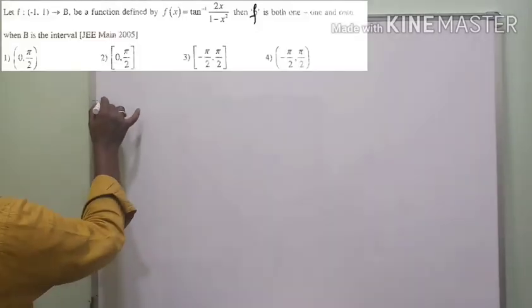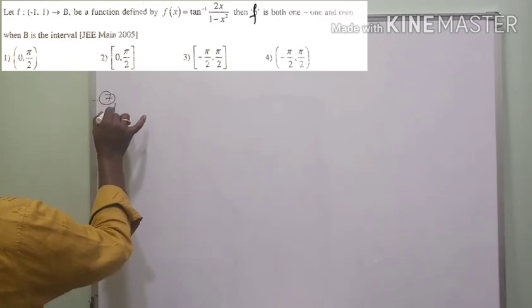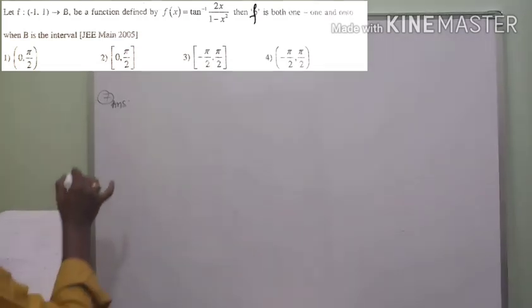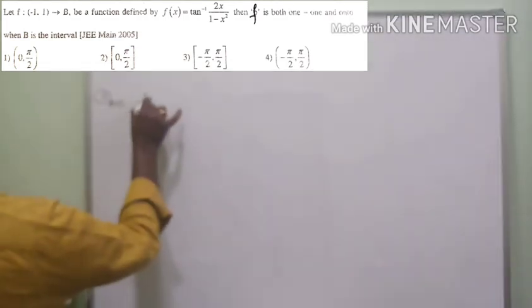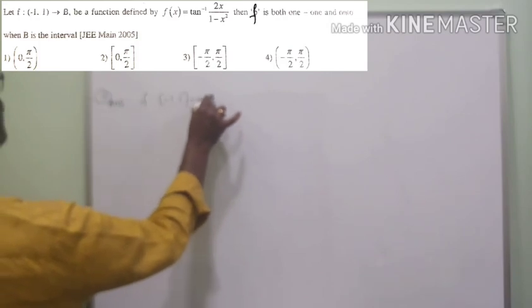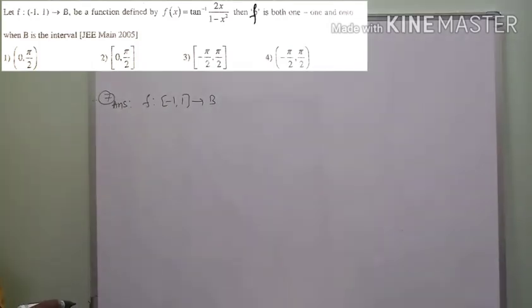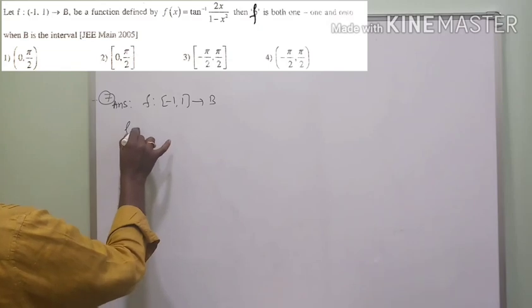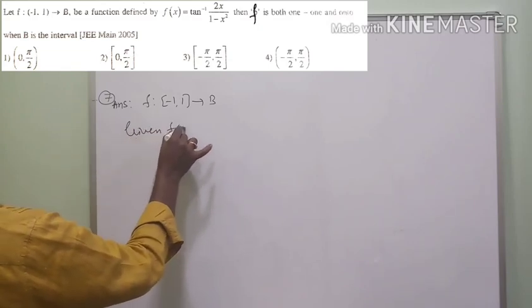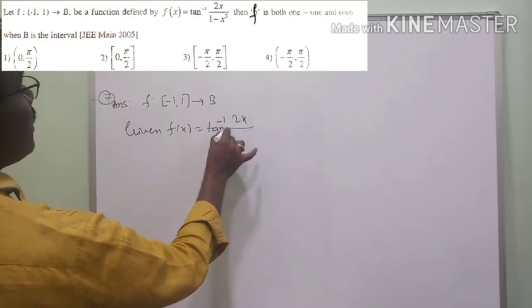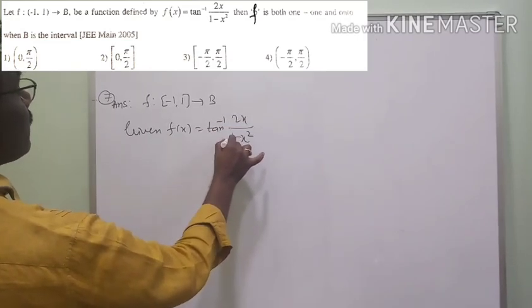But question number 7, seventh question answer. f from minus 1 comma 1 to B. I think minus 1 comma 1 is domain, B is called codomain. Given f of x is equal to tan inverse of 2x by 1 minus x square.